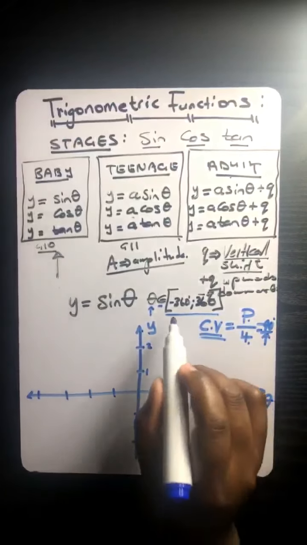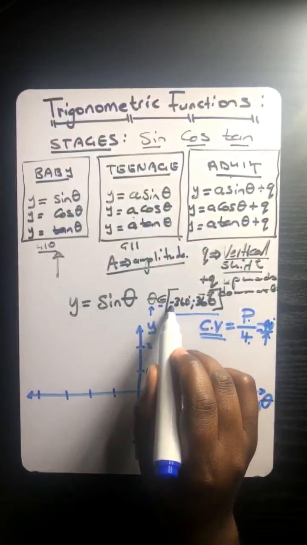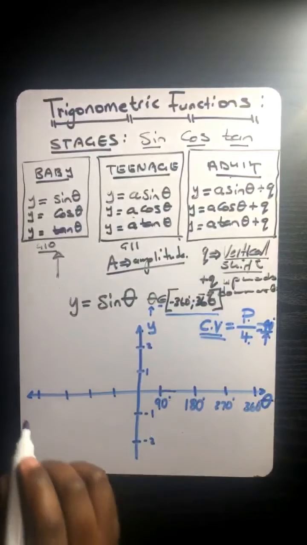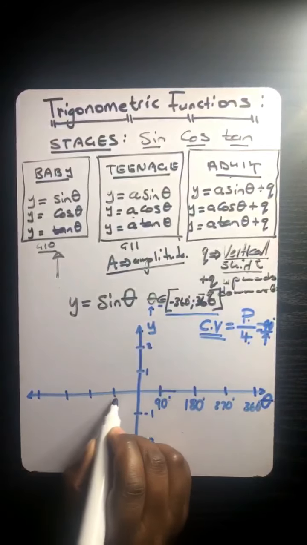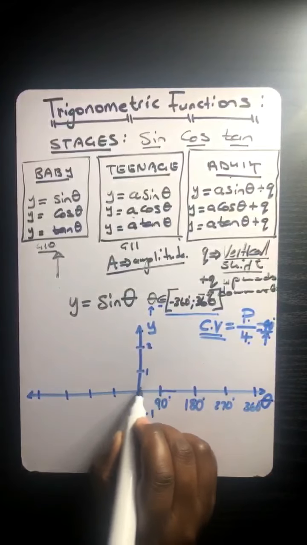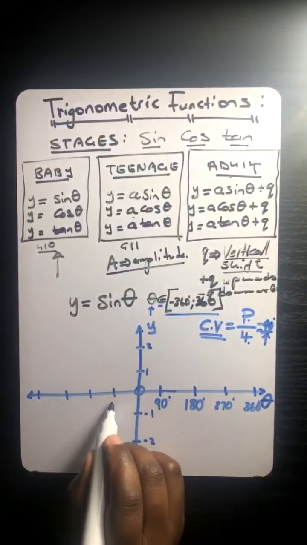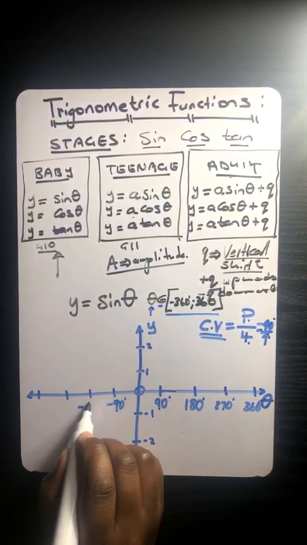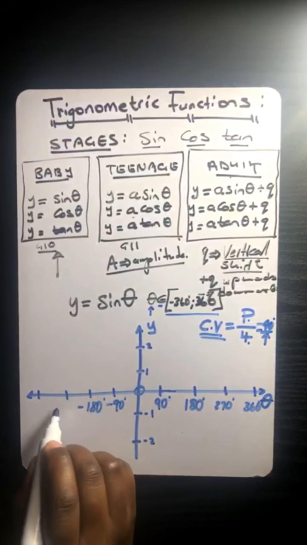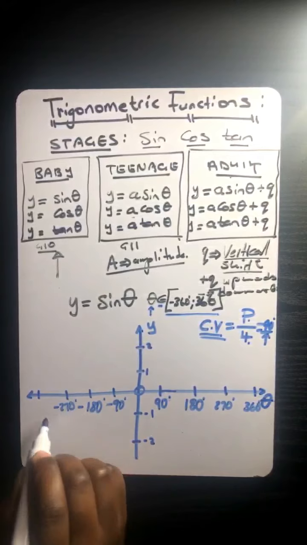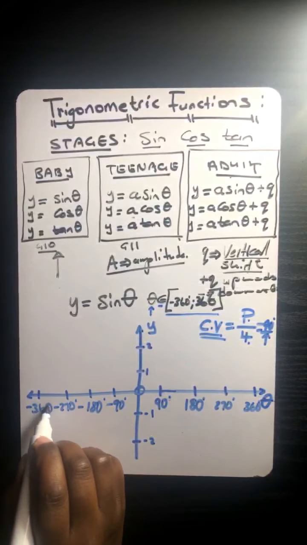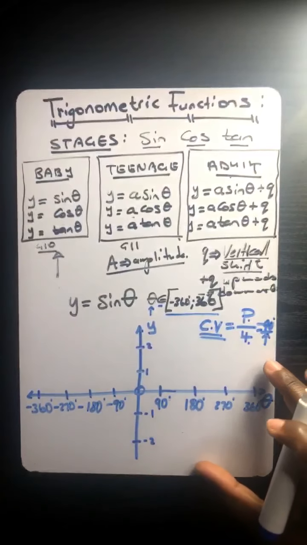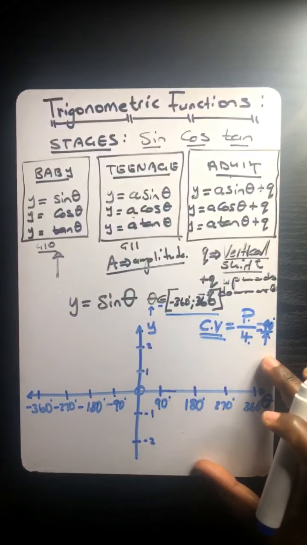Remember, they said start from negative 360 and end at 360, so we still have to do the same in that direction. Here it's 0, and here is negative 90, negative 180, and so on. So this is what you are having over there. Is everyone with me on that one? Are we still together?